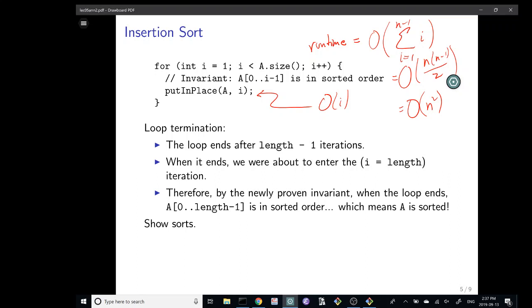And I can certainly say, therefore, that this loop, which executes n times, is going to execute something that takes no more than some constant times n, and therefore the running time is big O of n squared, the whole thing. I still like doing it in I, and you know why? Because I wanted to remind you about the arithmetic sum here, and the fact that you can do it. That's why I do it, and for no other reason.